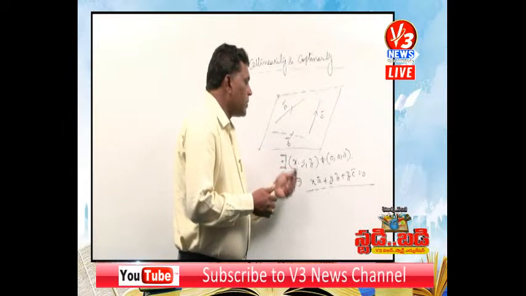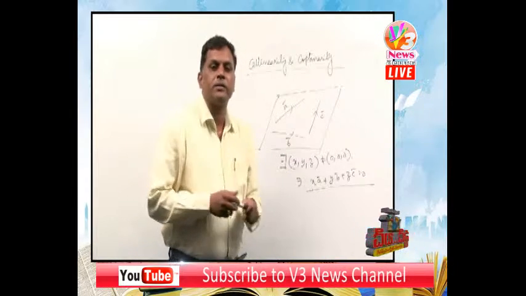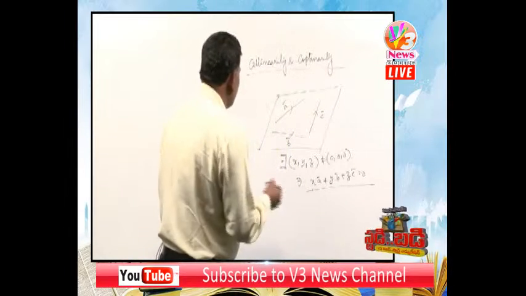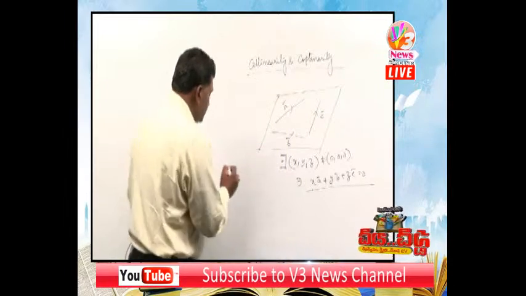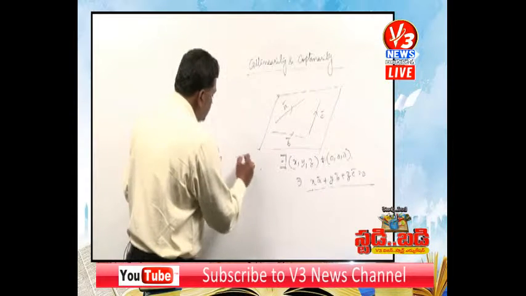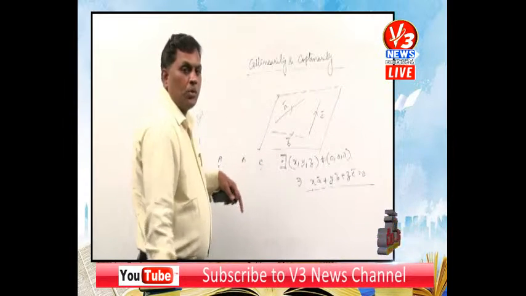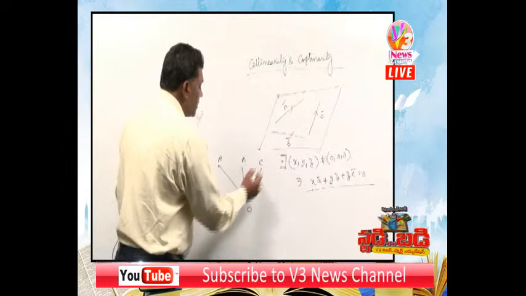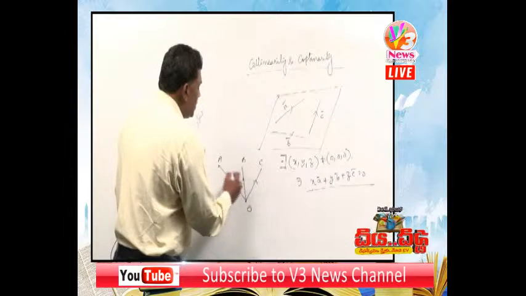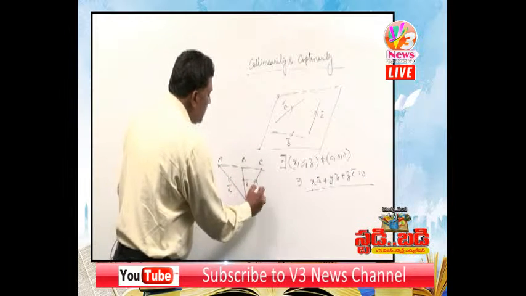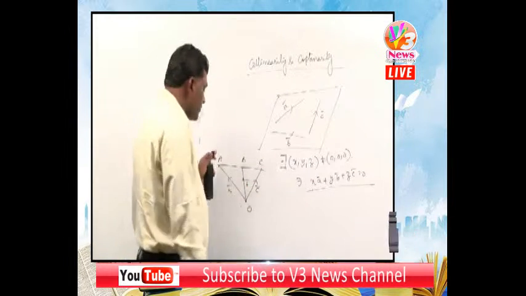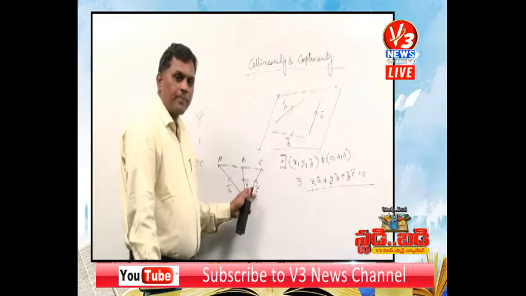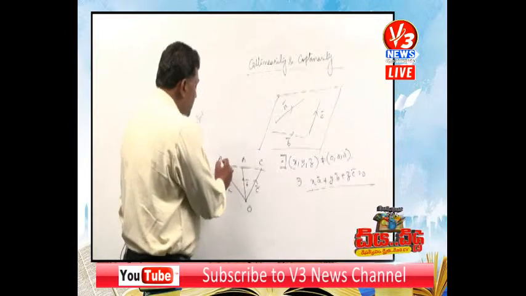Now, a very similar property we have even for collinearity. So coming back to collinearity now. Suppose 3 points A, B, C have position vectors with respect to origin, OA, OB, OC, respectively A bar, B bar, C bar.